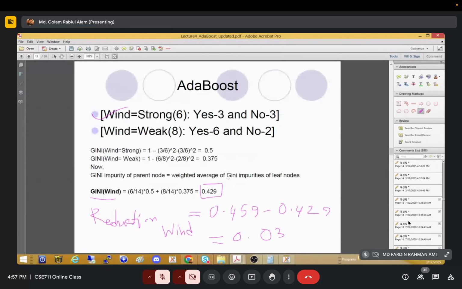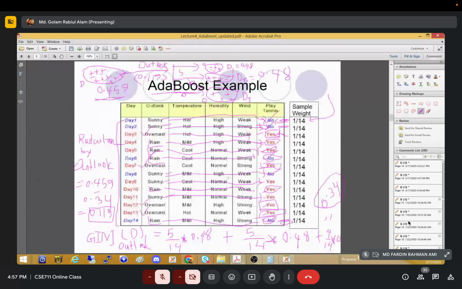Similarly, for outlook equals rain, we have 3 positives and 2 negatives, so mixed up decisions are there. Again, based on probability, the probability of positive is higher than the probability of negative in case of outlook equals rain.